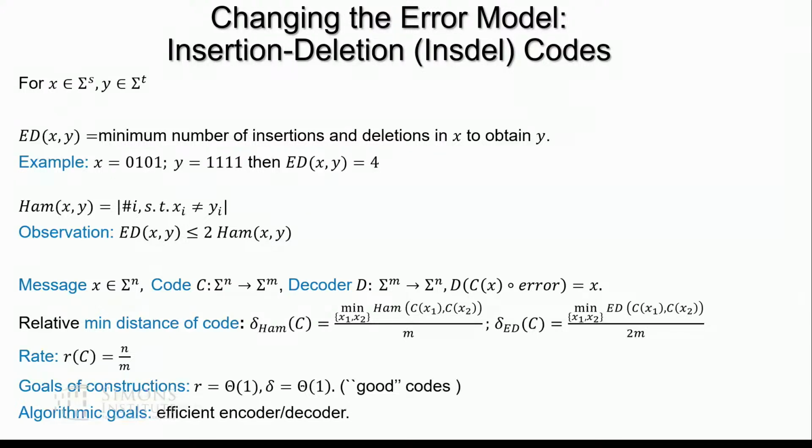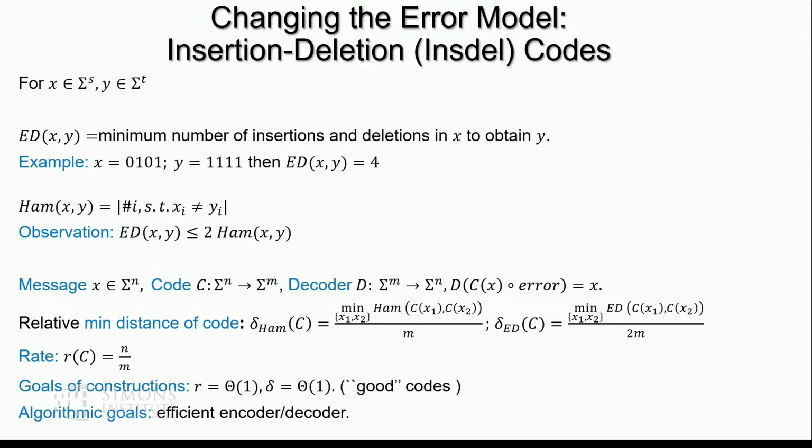So one can define codes for insertions and deletions and decoders that are able to recover messages. This is in the standard classical decoding setting where we're given a received vector of size n, and we want to decode to the message x when we have, let's say, a constant fraction of insertions or deletions.